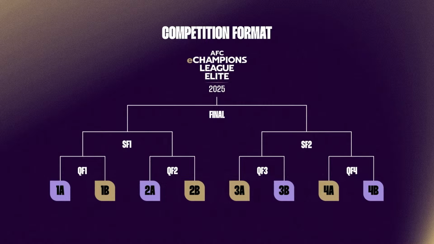All matches shall be played in accordance with the AFC eChampions League Elite 2025 Terms and Conditions and the match schedule, including but not limited to the kickoff times, will be determined by the AFC after the draw.